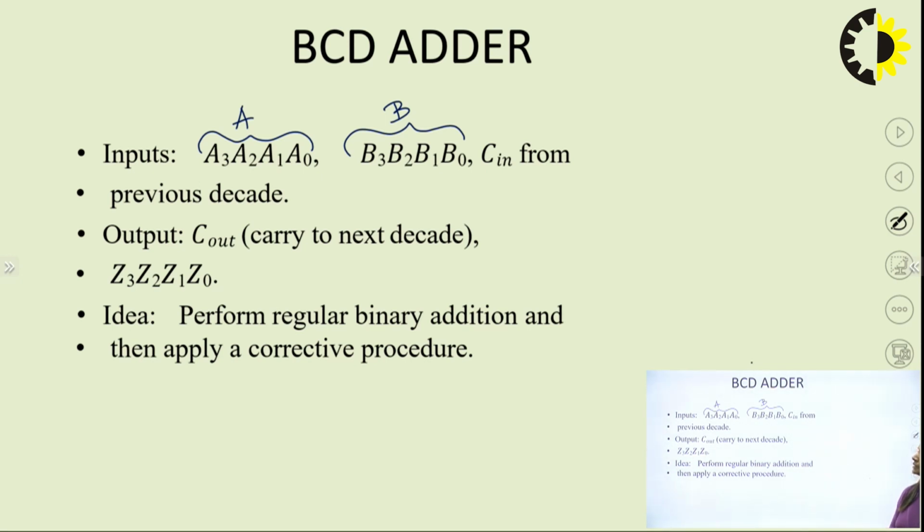And next is C in. The output is C out, carry to the next stage. Z3, Z2, Z1, Z0 are the numbers which will come as the output.